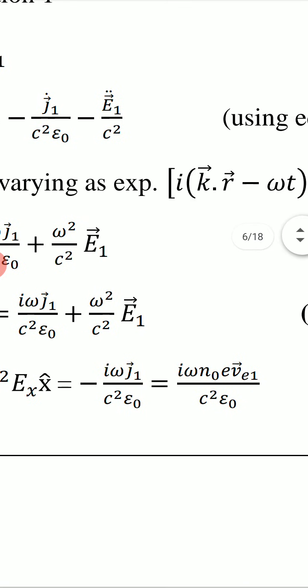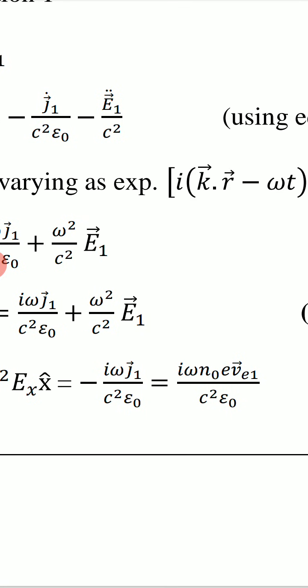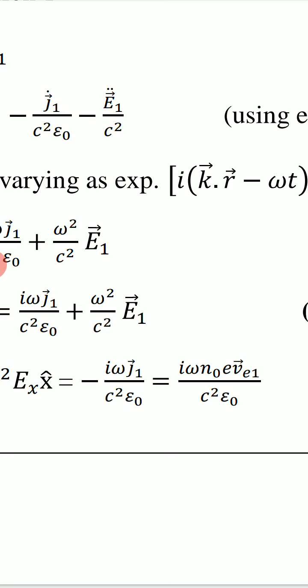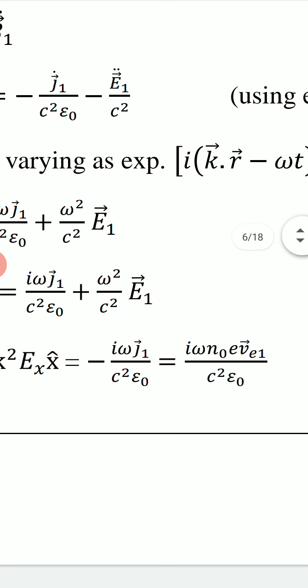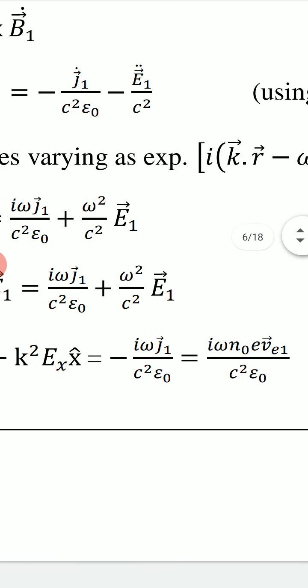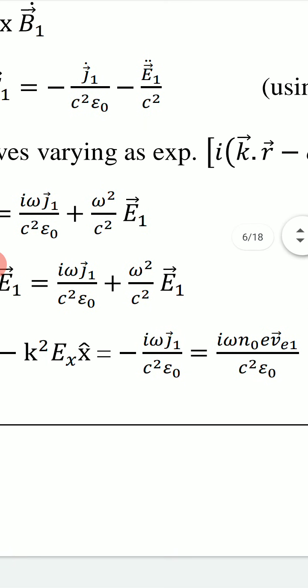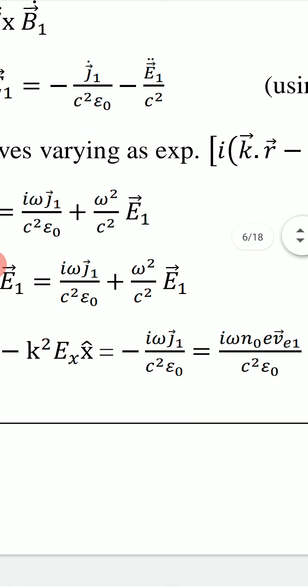So 2 times differentiation will give minus i omega into minus i omega, which is i square omega square, and i square is minus 1, so we have minus omega square. So for double dot we write minus omega square, and this second term in the right hand side becomes plus omega square upon c square E1.